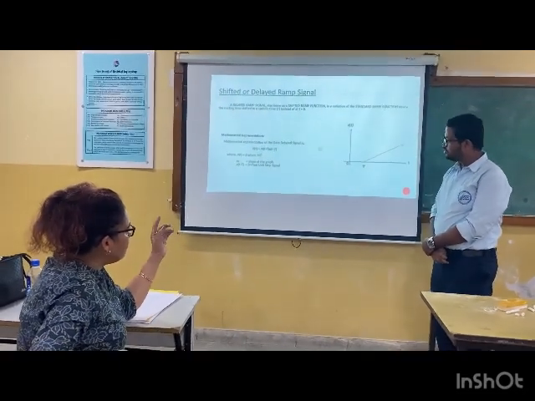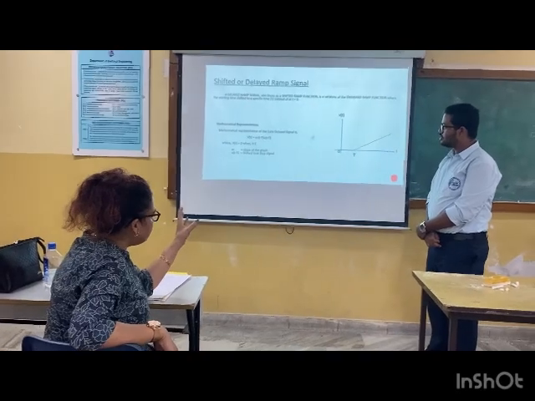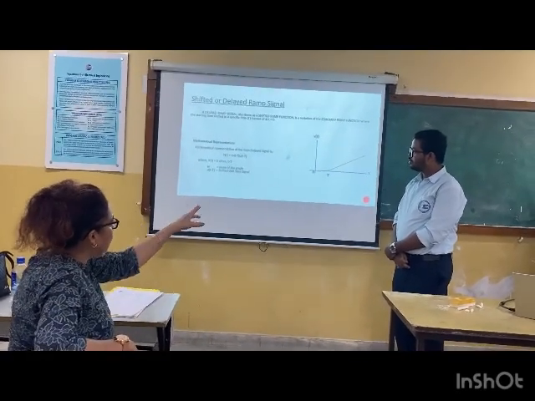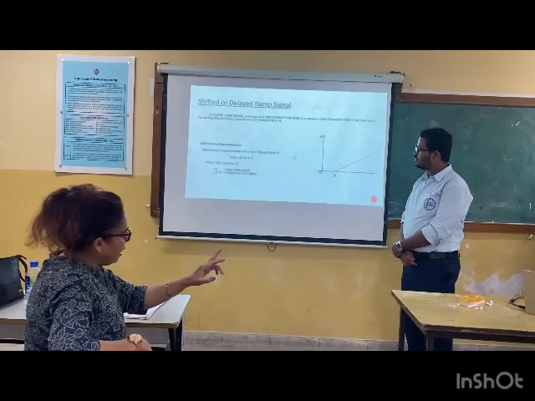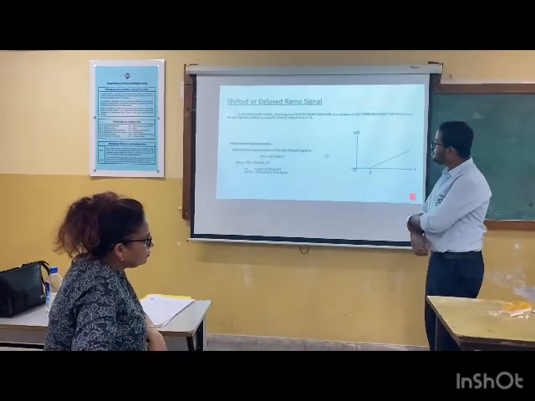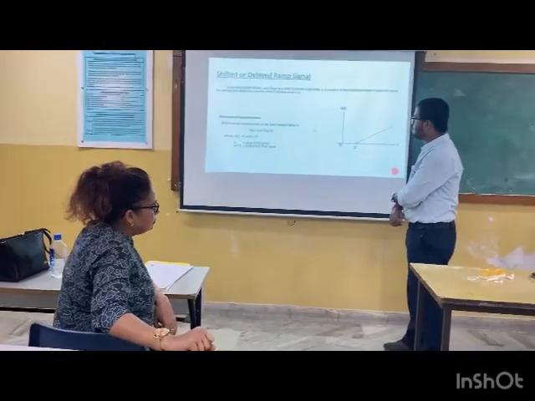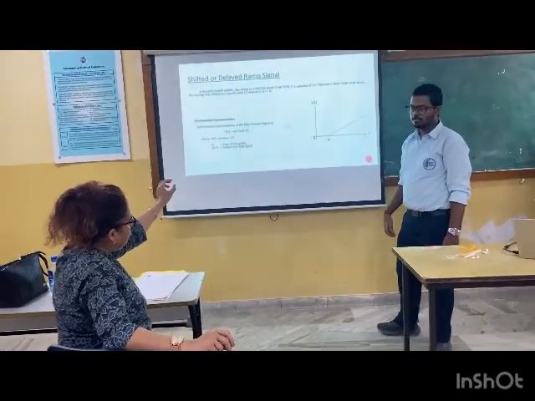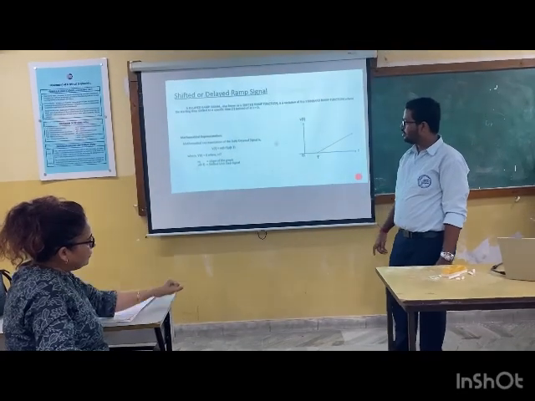Is it necessary to write u(t minus T), or can I simply multiply a with (t minus T) to get the shifted ramp? Understood my question? For both delayed ramp and normal ramp, you have to write t minus T.